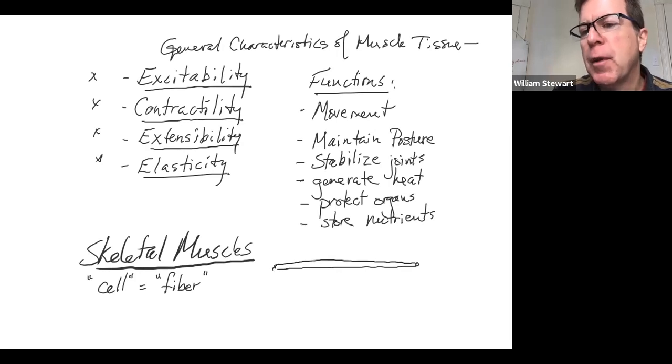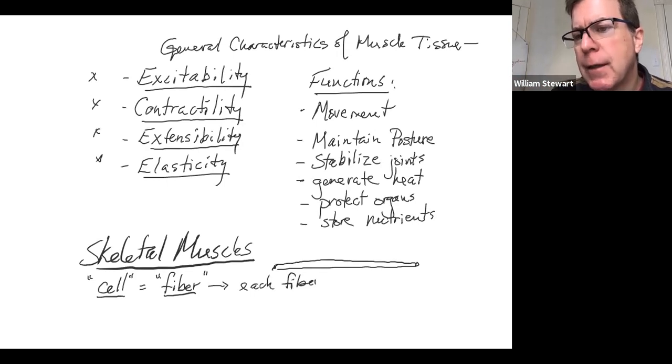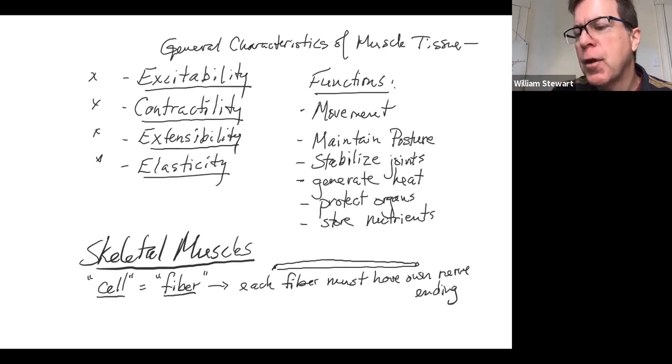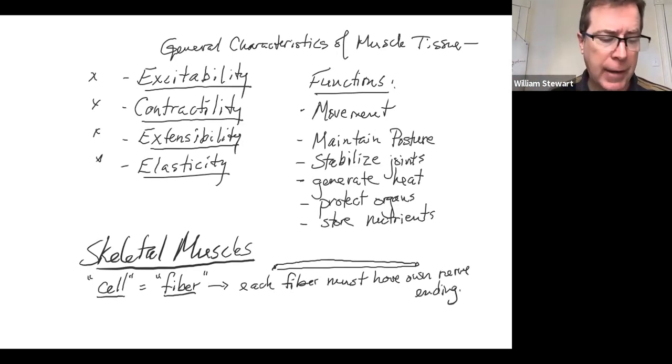Because of their shape and their length, if you hear or read fiber, just think that's an individual skeletal muscle cell. So having said that, each fiber or individual cell must have its own nerve ending in order to have a chance to be able to contract.